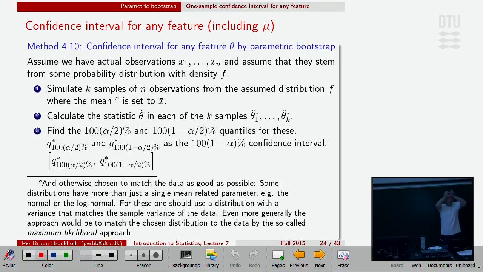Here is the general procedure covering both of these 2 things that I have shown you after the break. The parametric bootstrap procedure to find the confidence interval for any kind of feature that I might compute. I call it theta.